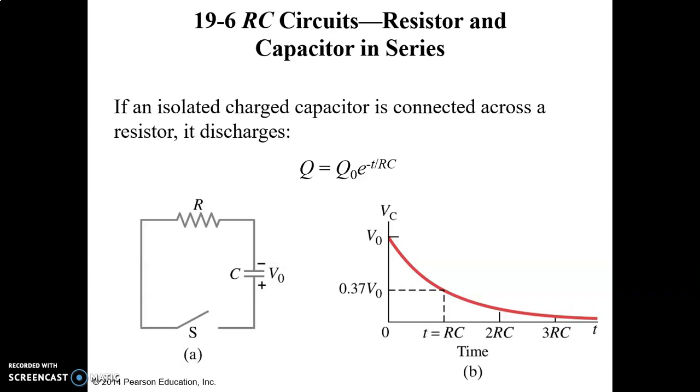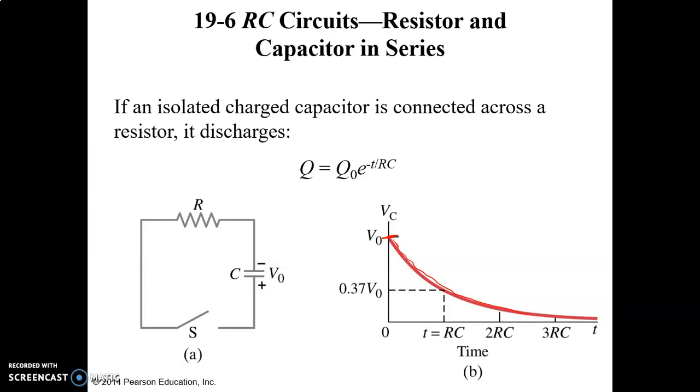So if you have a situation like this here, where you have a charged capacitor and a resistor with an open circuit, the capacitor is charged to V0. Then as soon as you close the circuit, that voltage is going to drive a current, but the voltage is going to decrease because you're losing charge. And it's going to decrease in an exponential function yet again.